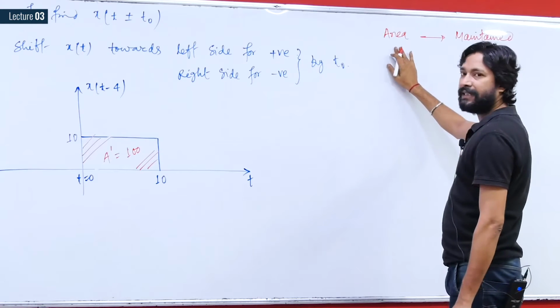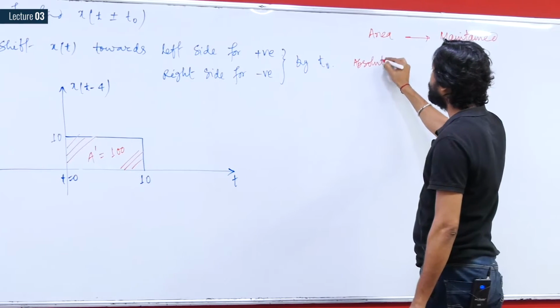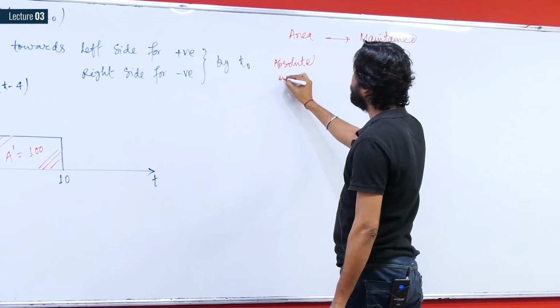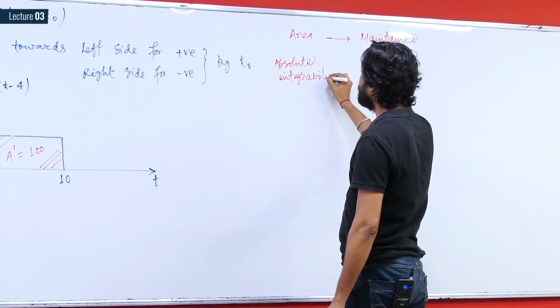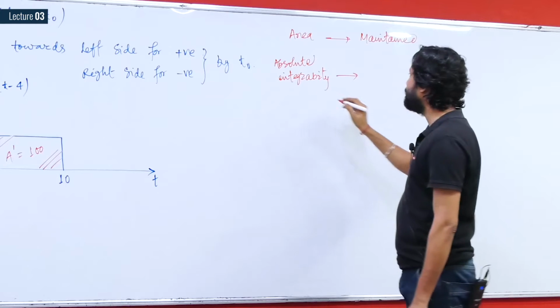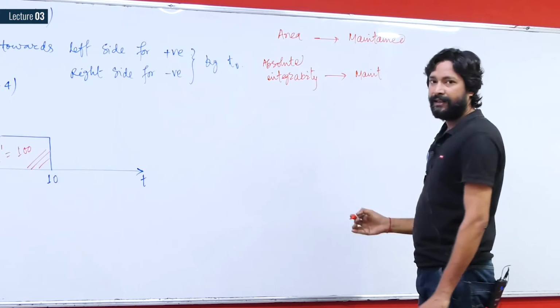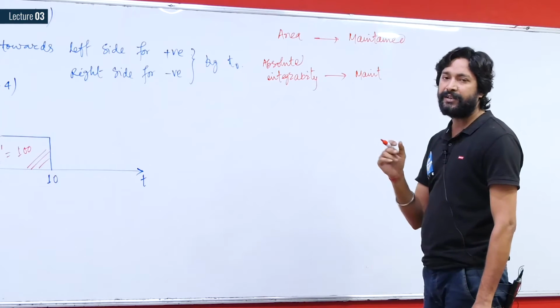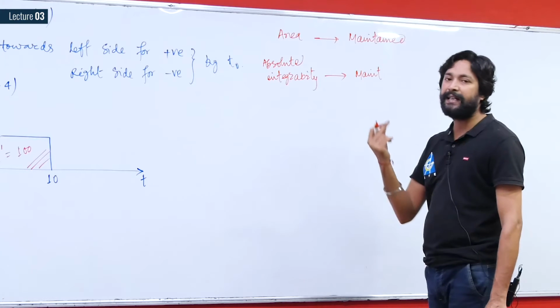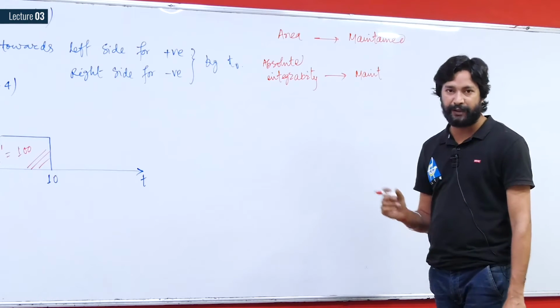Now if the area remains the same, you can say that absolute integrability, or summability in case of discrete time signals, will also be maintained. As the area does not change, similarly the integration from minus infinity to infinity of magnitude of x of t dt will be the same as that of magnitude of x of t minus 4 dt.